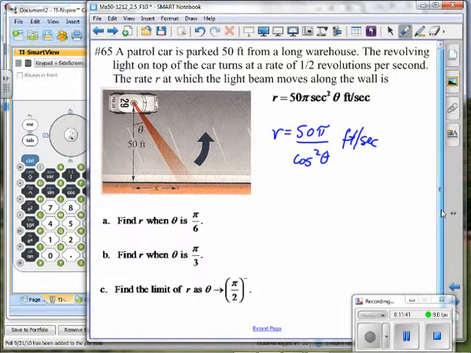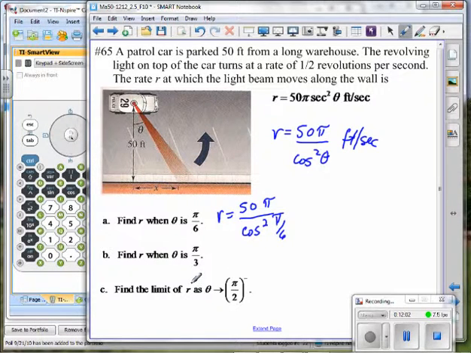Now the first two questions of this are pretty ordinary. Find the rate when theta is pi divided by 6. Not a whole lot that we need to work with on this. It's not a limit. So we'd have 50 pi divided by cosine squared of pi divided by 6.